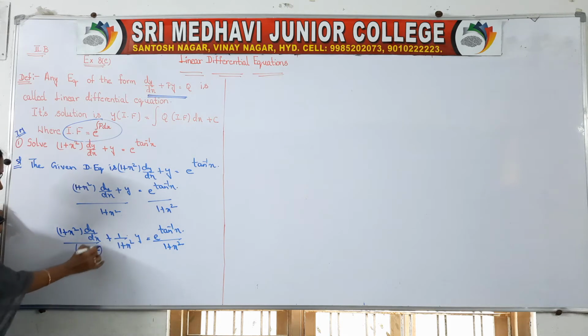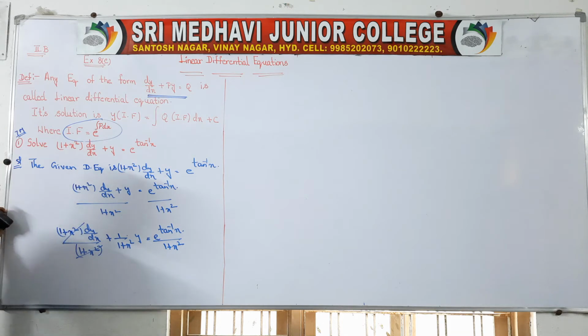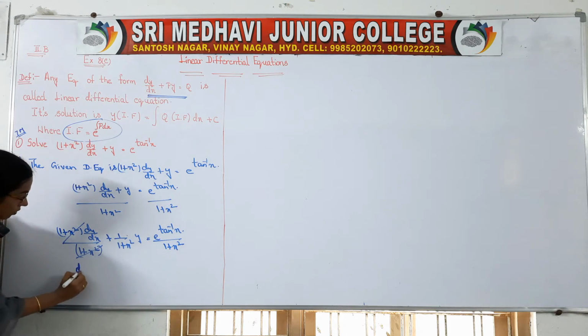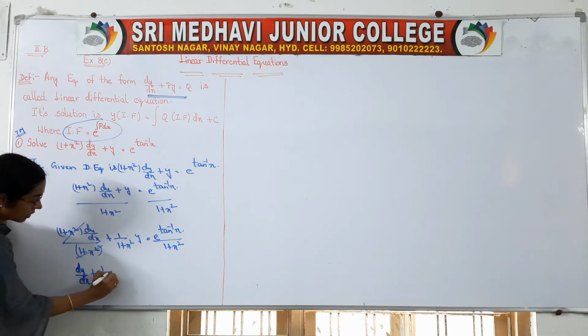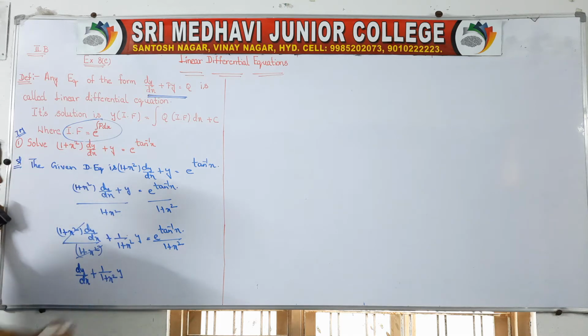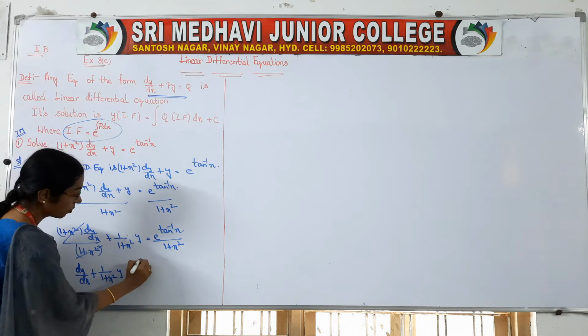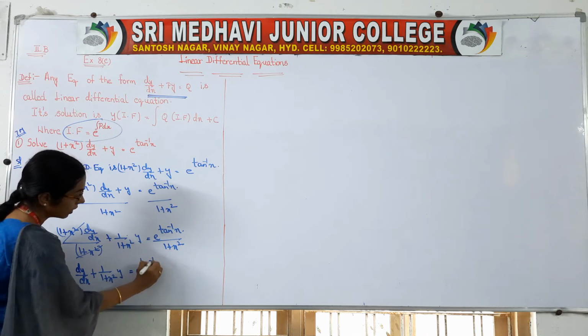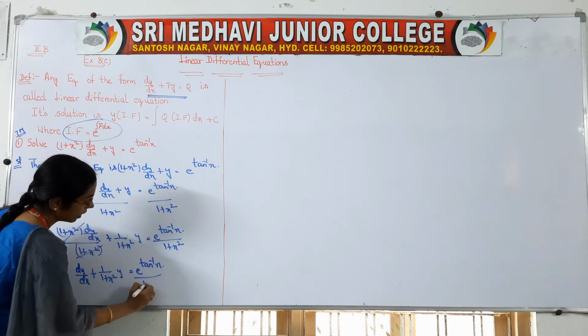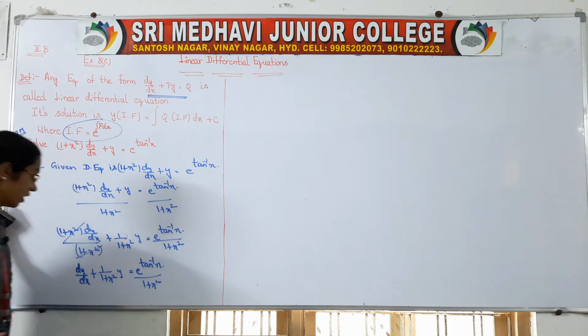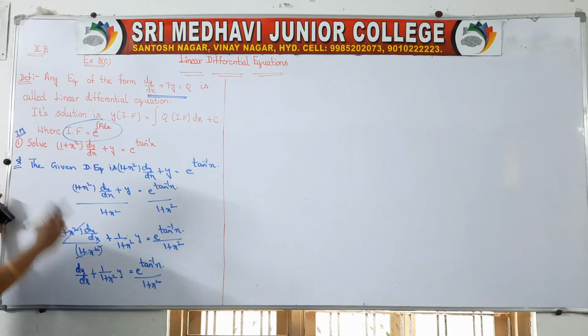So 1 plus x square cancels. Your equation is dy by dx plus 1 by 1 plus x square y is equal to e to the power of tan inverse x by 1 plus x square. Exactly in your linear form.